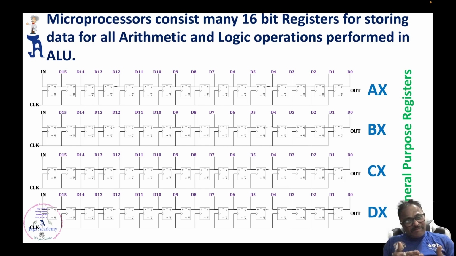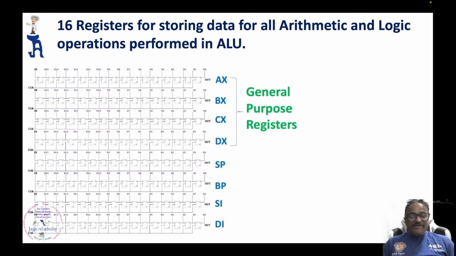So there are many registers put inside the microprocessor chip. Not only these 4 registers, there are other registers called special purpose registers, which are used to store the offset address of the memory, like stack pointer, base pointer, source index, and destination index.